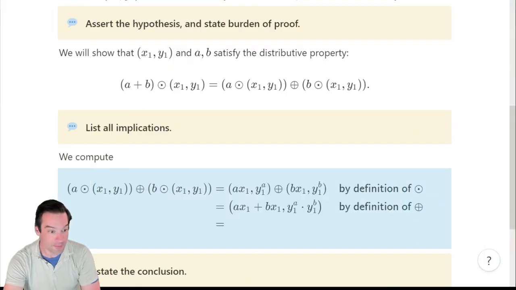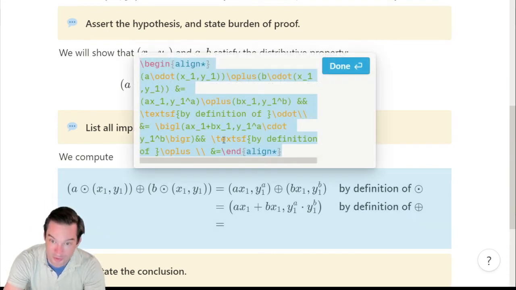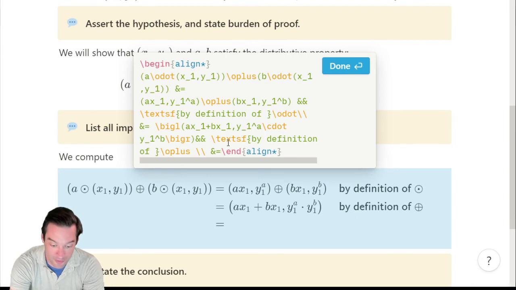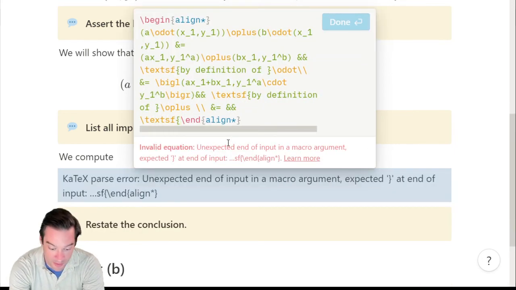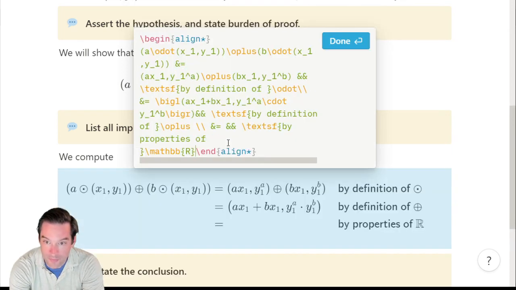In order to get there, I need to go one more step in this multiplication by using ordinary properties of real number arithmetic. Just like in our last step in our previous proof, our last warrant is going to be by properties of real number arithmetic.